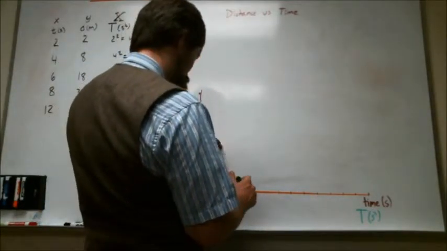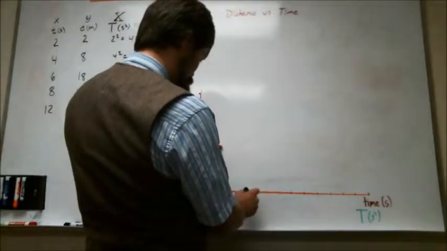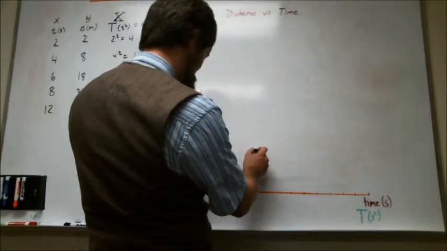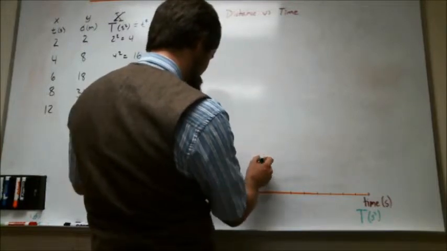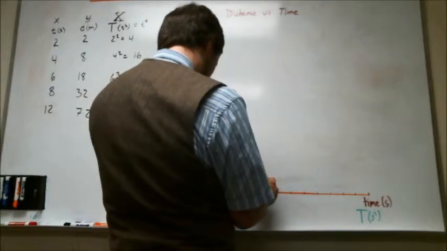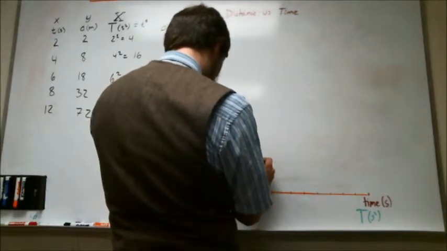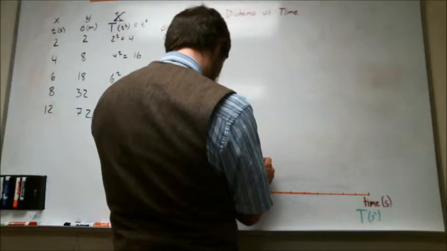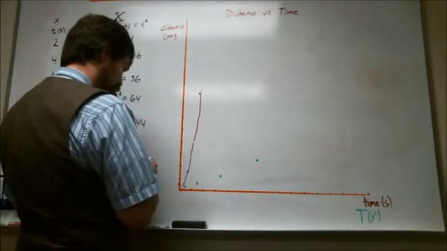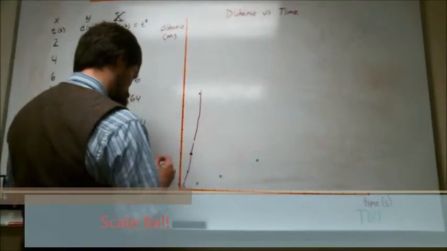So 32 is about like this. Puts it in here somewhere. This whole dot is actually a little off. Miscounting fail.